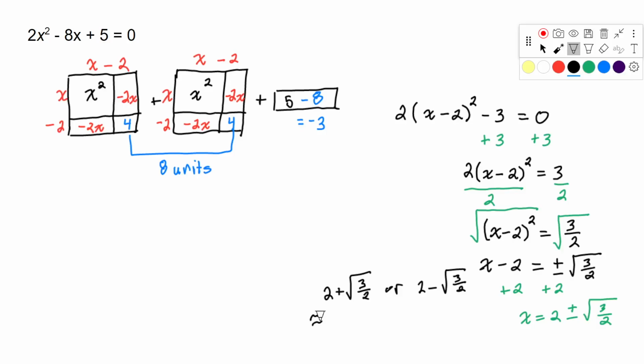So 2 plus the square root of 3 divided by 2 is approximately 3.22, or 2 minus the square root of 3 divided by 2 is approximately 0.78.